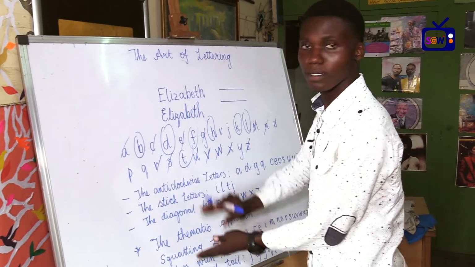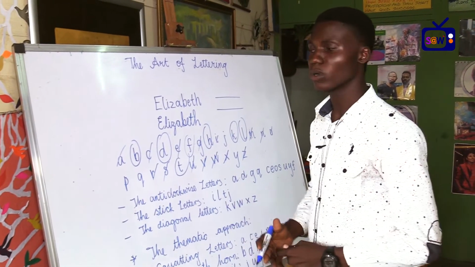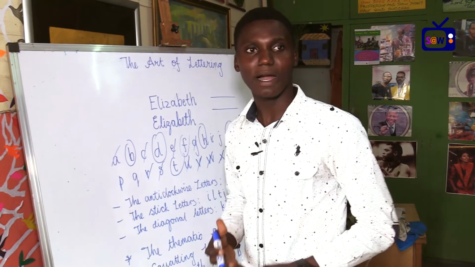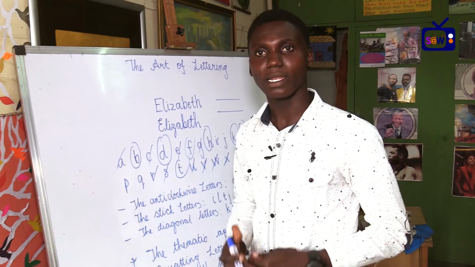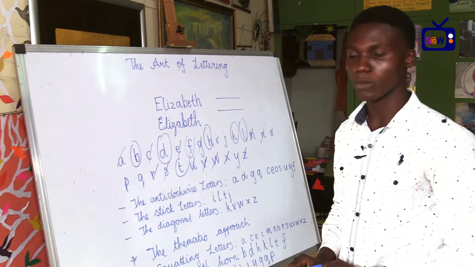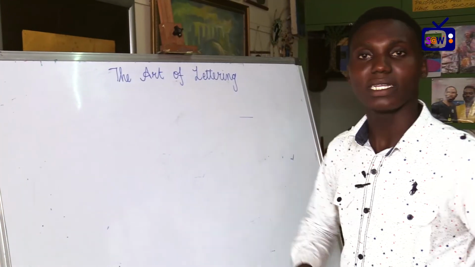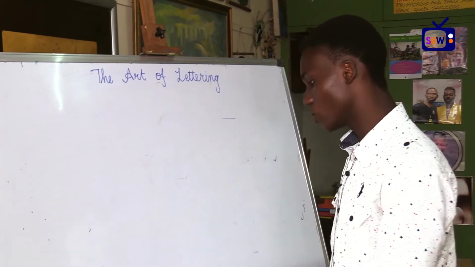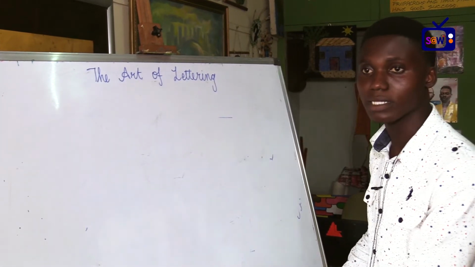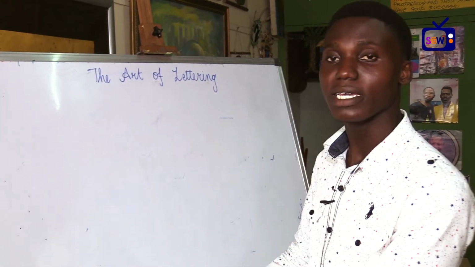Now, we've looked at these methods of classification on how to form letters. I'll ask a question: what is the best adaptable method for forming letters? The best method of forming letters is using the thematic approach. In the thematic approach, they classify letters from the simplest to the complex. Now, I'm going to arrange these squatting letters from the simplest to the complex as arranged in the thematic approach.